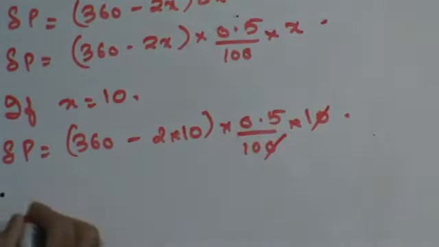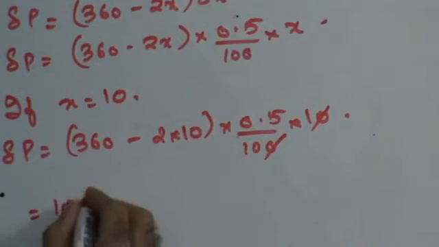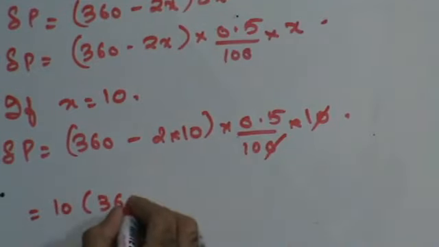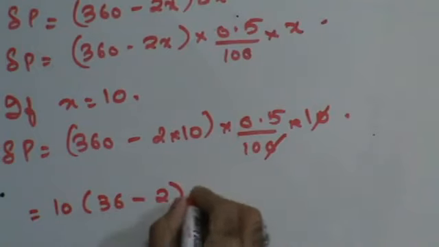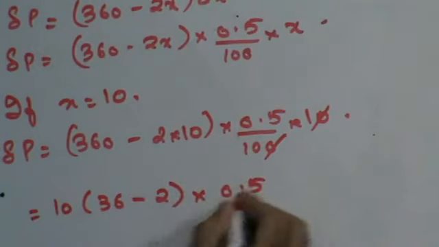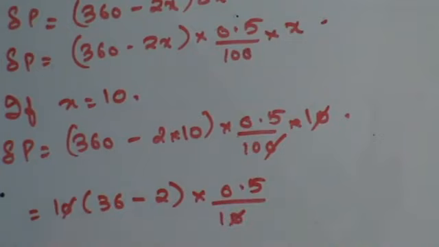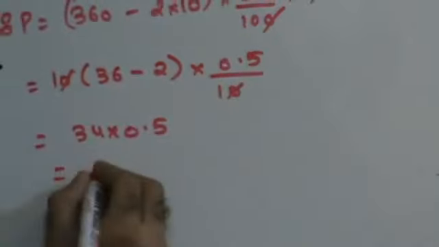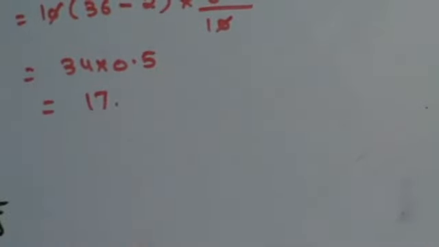I could take 10 common here, so this will be 36 minus 2 into 0.5 upon 100, which is 34 into 0.5, which is nothing but 17. So the consequent error in the measurement of profit is going to be 17.